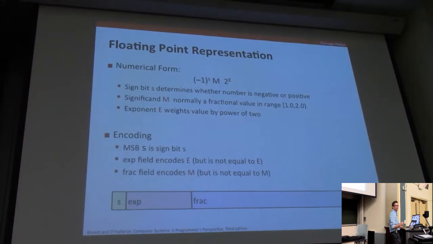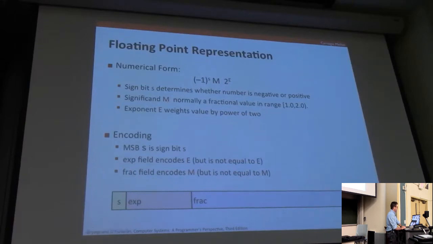So all of the numbers that we can represent in floating point have to be represented in this form. The sign bit s determines whether the number is negative or positive, obviously.